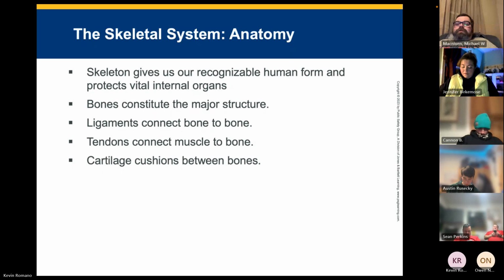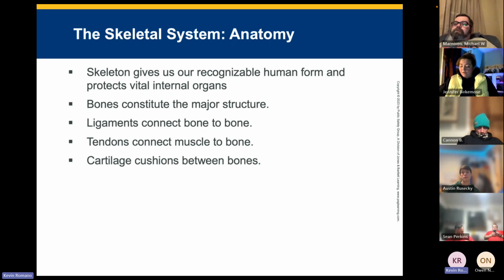So, the bones constitute the major structure of the skeletal system. We have cartilage, we have tendons, ligaments. All these parts are really important connective tissues. All right. So if you look in your books, if you have the books, 7-3, a lot of your support structures in the skeletal system are listed here.